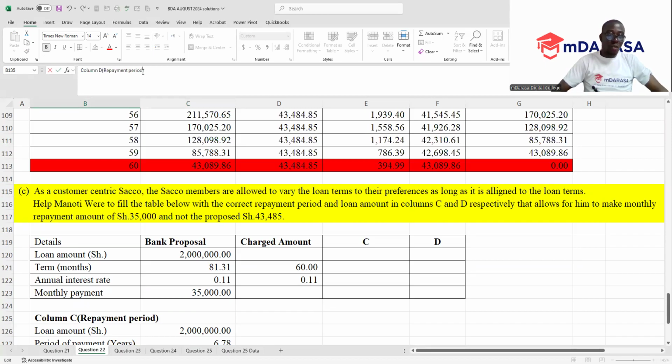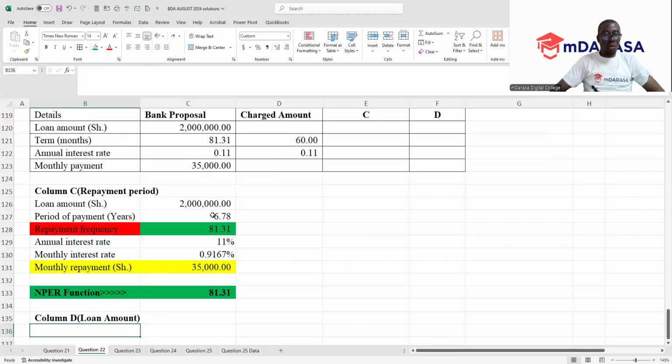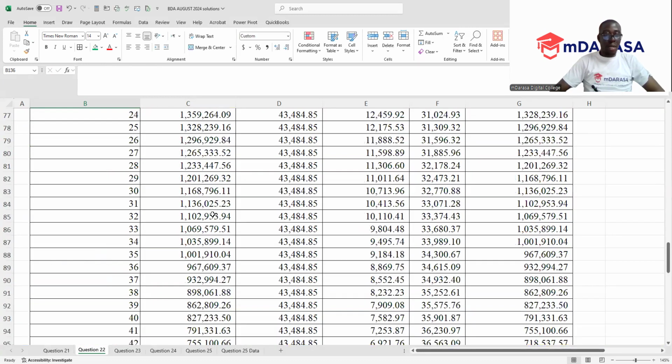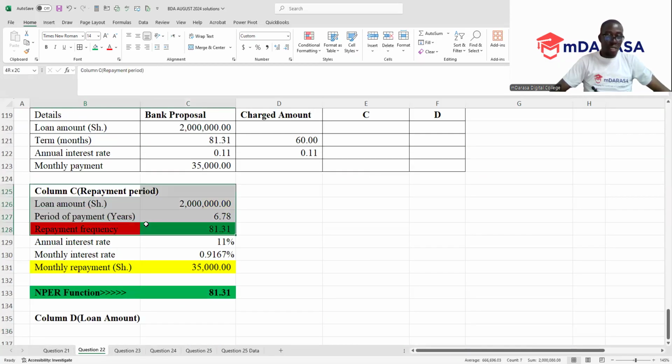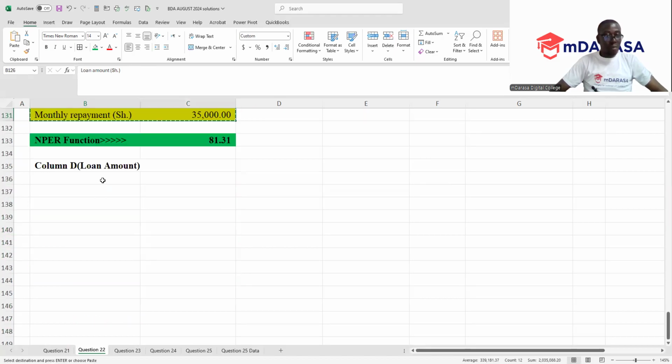So all details are the same. What is changing is that I need to know what would be your loan amount here. So our loan amount, the same case, I'm going to have it here. We just copy paste whatever we have determined.